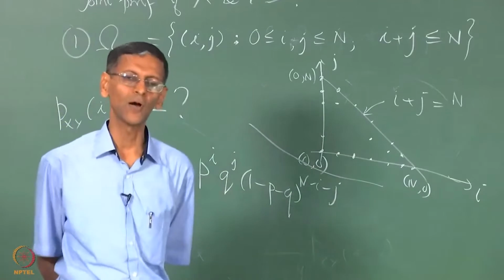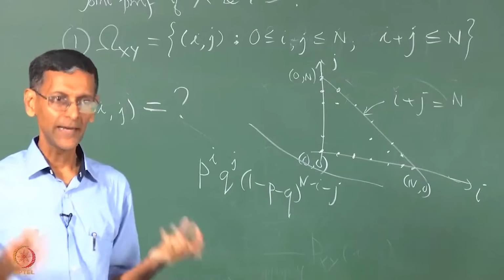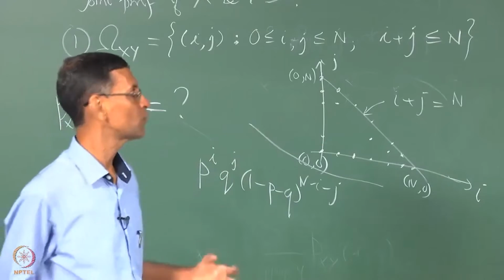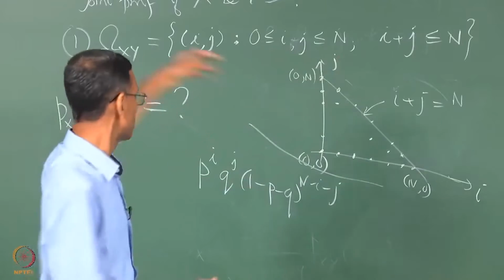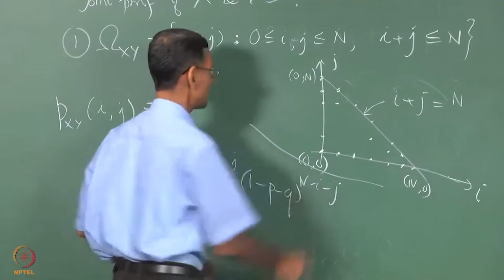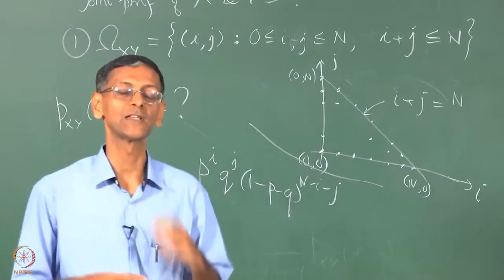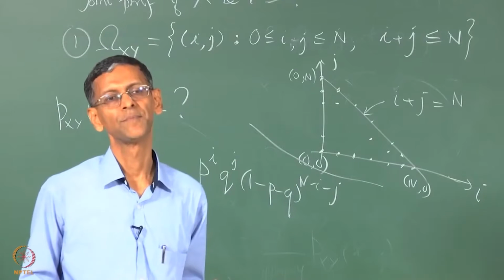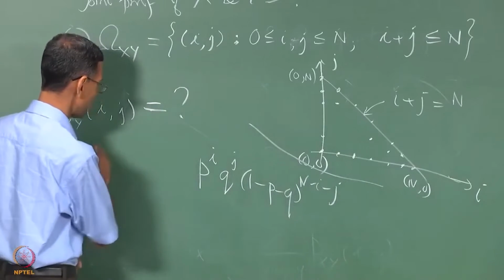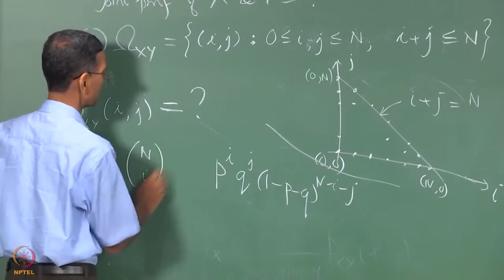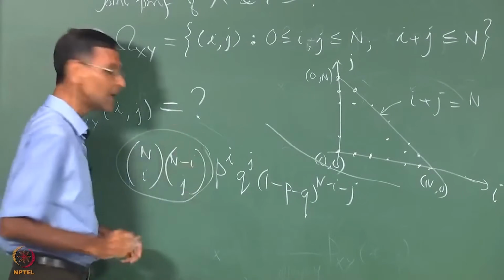This is a probability of a particular sequence of i times getting event 1, j times getting event 2, and n minus i minus j times getting neither of them, a particular sequence. How many such sequences are possible? The number of such sequences will be n choose i multiplied by n minus i choose j. This is together called the trinomial coefficient.